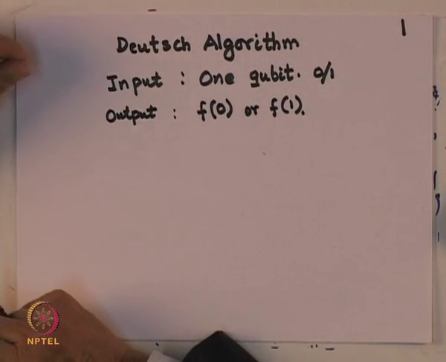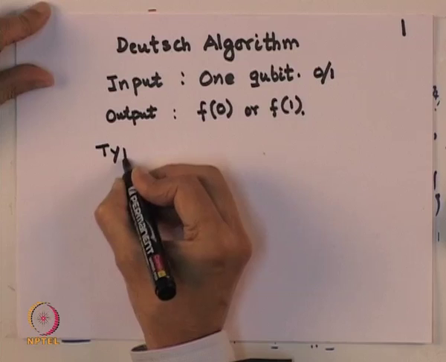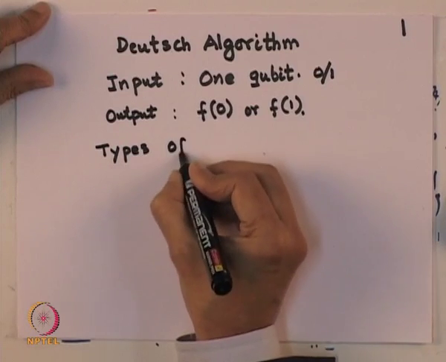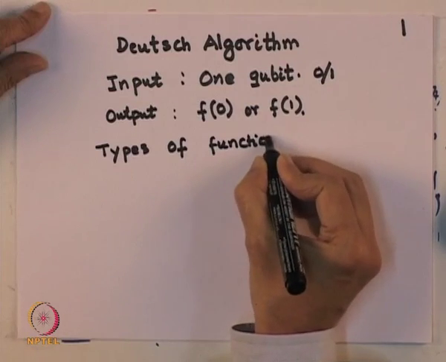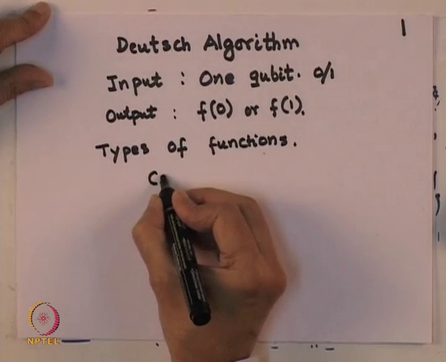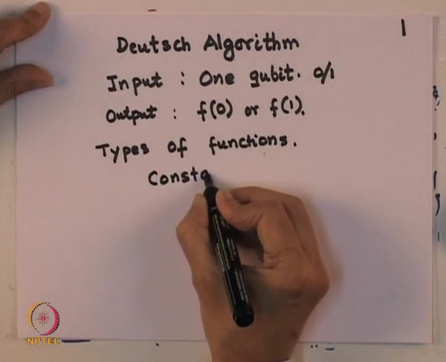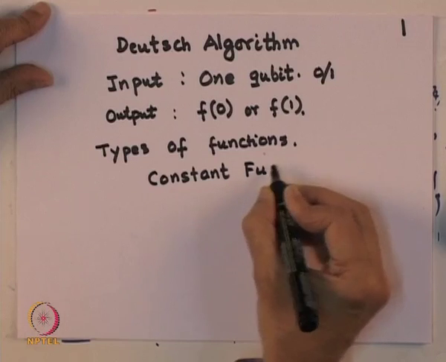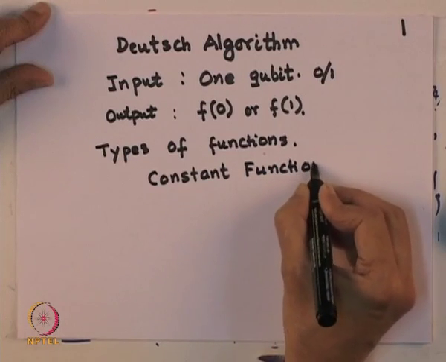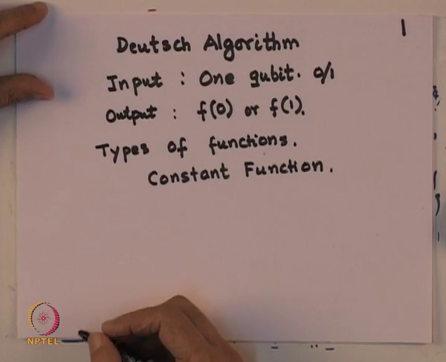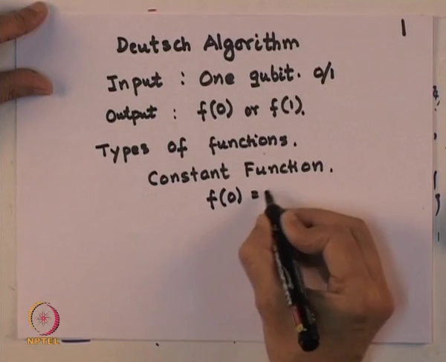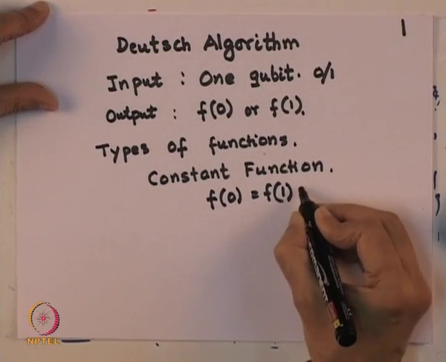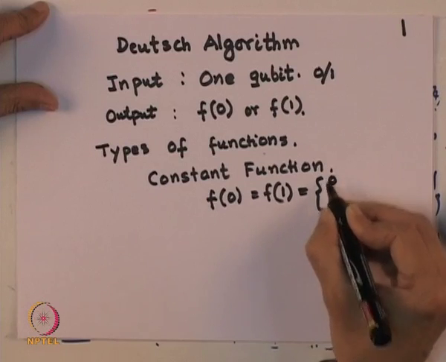Now there are two types of functions that we will be talking about. Of the types of function that the Deutsch algorithm calculates, one we'll call a constant function. A constant function, as we know, is a function whose value is independent of the input that we put in. So therefore, let's say f0 equal to f1, and this could be either 0 or 1.